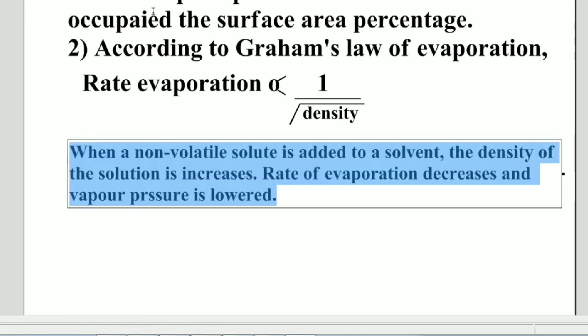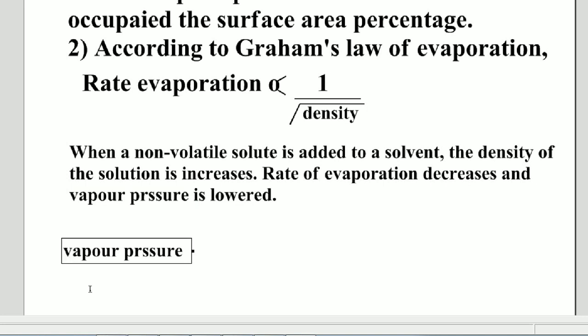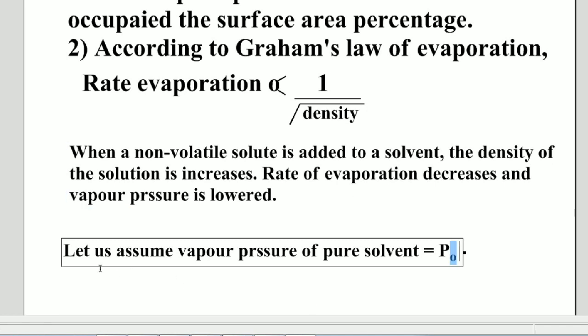So students, let us assume the vapor pressure of the pure solvent is P naught.